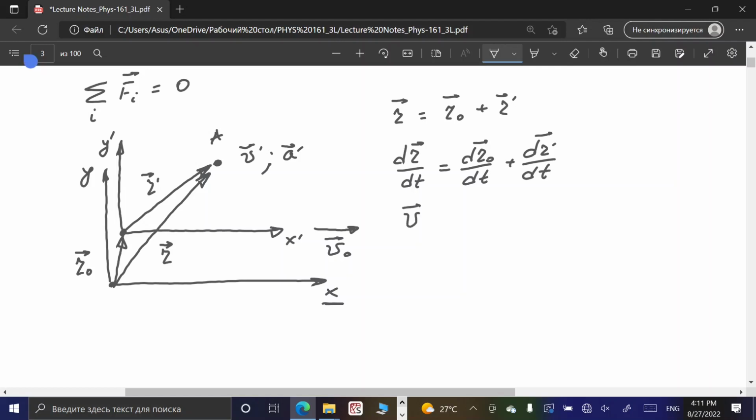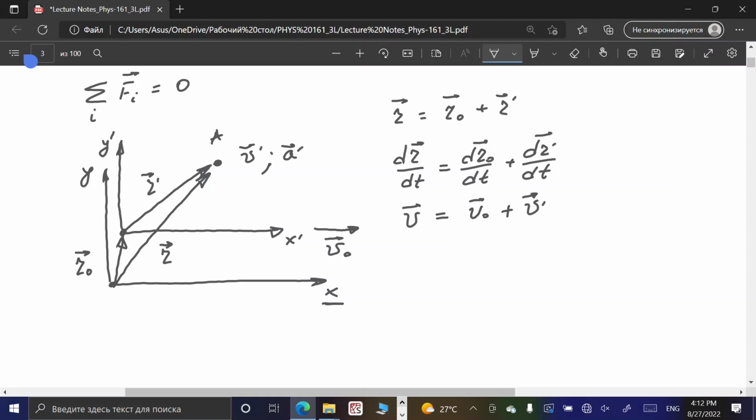So we have v vector, velocity vector, which defines the velocity of object A with respect to stationary system of reference. And then we have v naught vector, that is how fast this mobile system of reference is moving with respect to stationary one, plus v prime vector, and that is how fast object A is moving with respect to mobile system of reference.